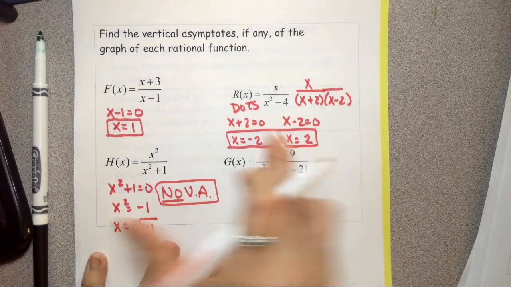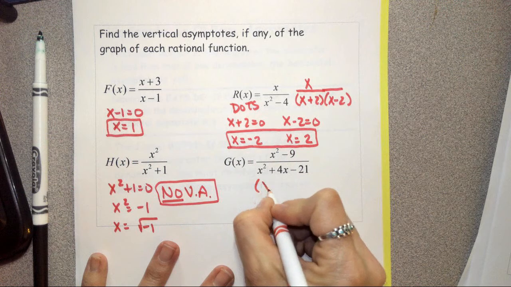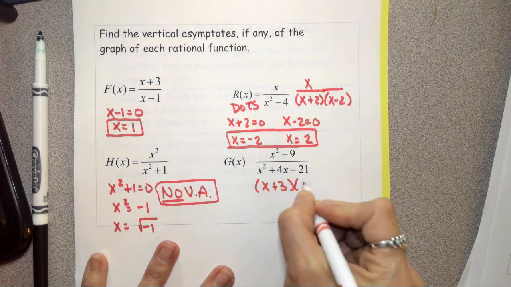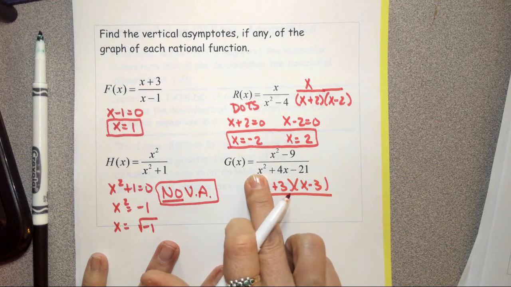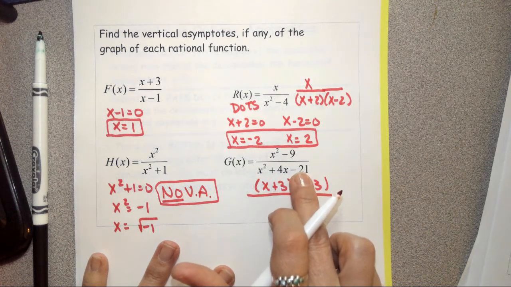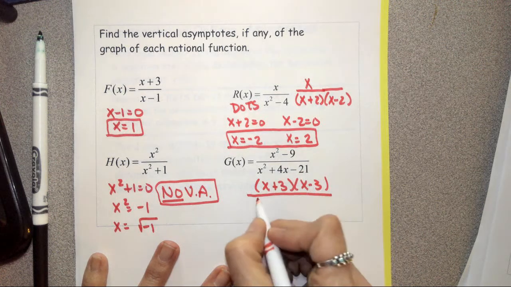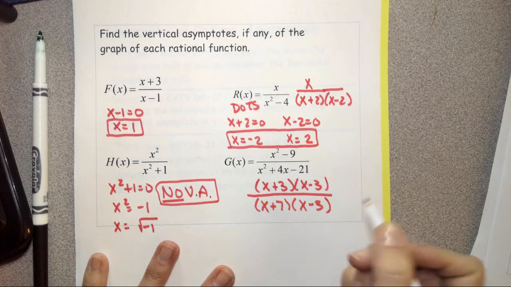Okay, the last one, there's a lot of factoring that we can do in this one. So on the top, I have a difference of 2 perfect squares. So I have x plus 3 and x minus 3. On the bottom, I have another trinomial that can be factored. So I'm looking for factors of -21 that add up to 4. That would be x plus 7 and x minus 3.